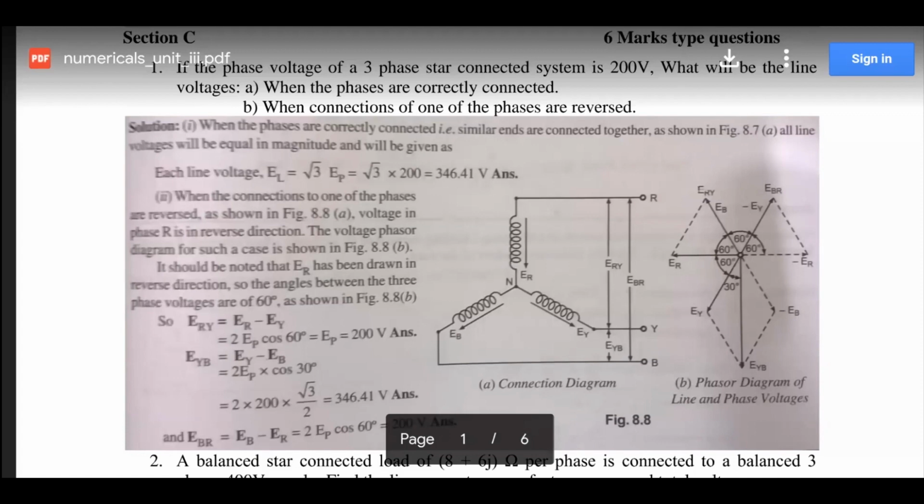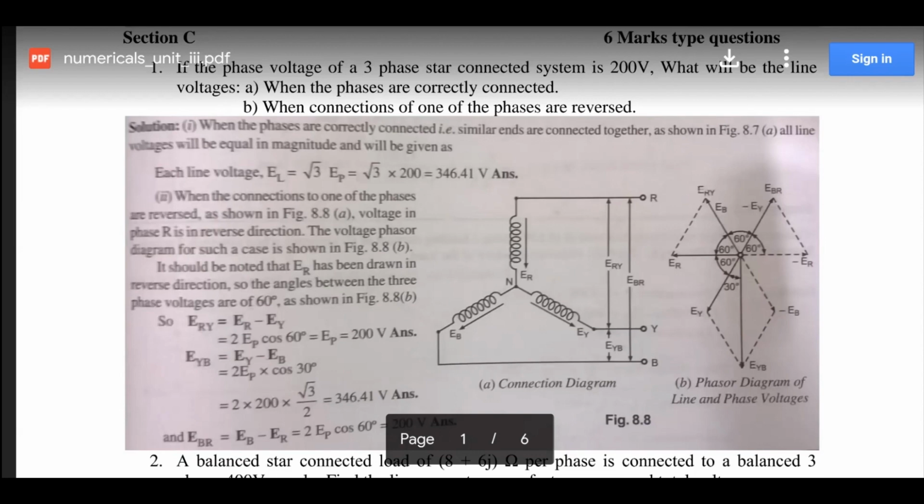It is not phase voltage, and load is always connected to phase. So if you are given, say, 10 ohm resistance or resistive load, and this is line voltage of 200 volts, and you are required to calculate the current flowing through the load, what will you do?